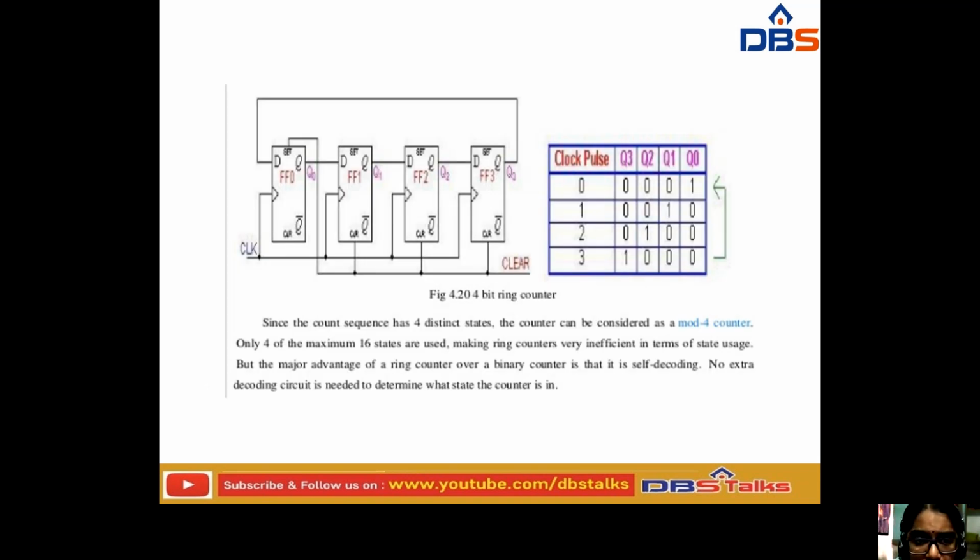Considering this ring counter, this is the most significant bit, and its output is fed to the input of the least significant bit. So this is the 4-bit ring counter.